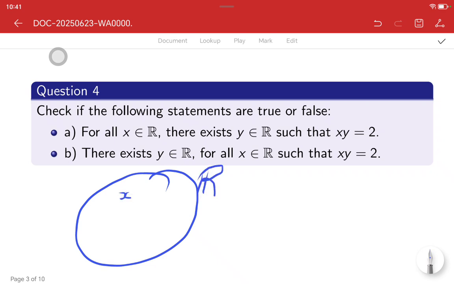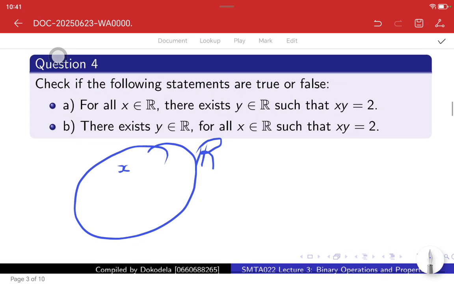We say that for all x values here that are an element of R, there will exist some y value such that when we multiply, remember R consists of rational numbers, like 1 over 2, this type of numbers. Then there will exist some number, which is an element of R, which is y, such that when I multiply x and y, I'll get 2.